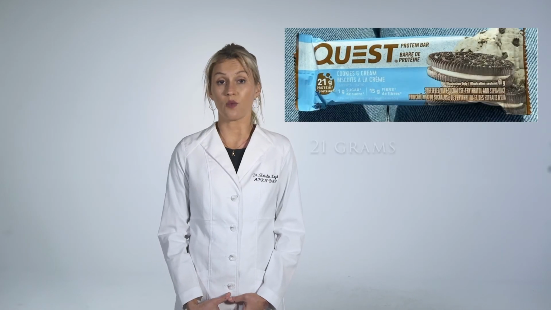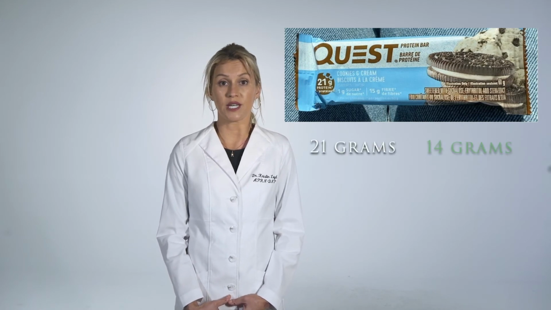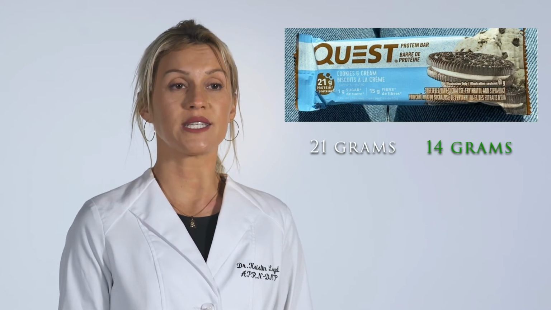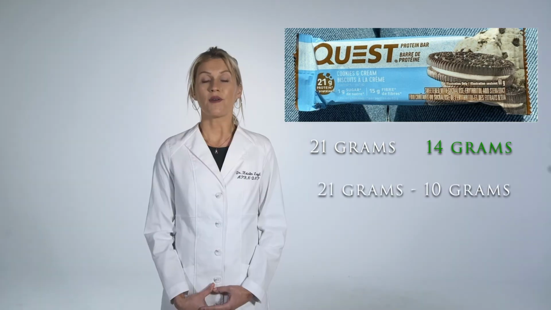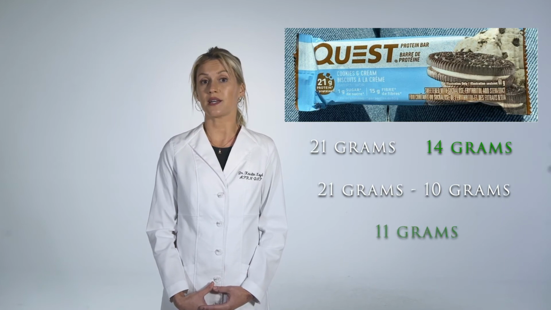For this example, the Quest protein bar has 21 grams of total carbohydrates and 14 grams of fiber. So to figure this package, you subtract 10 grams of fiber from the total carbohydrates, and that gives you your net carb. Often, there are also sugar alcohols that are employed to further reduce the carbs, and that will be explained in the next video.